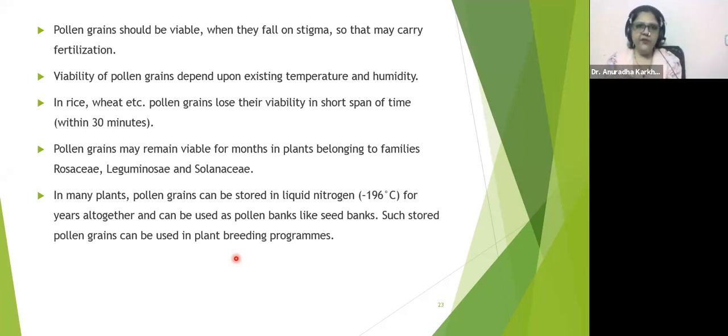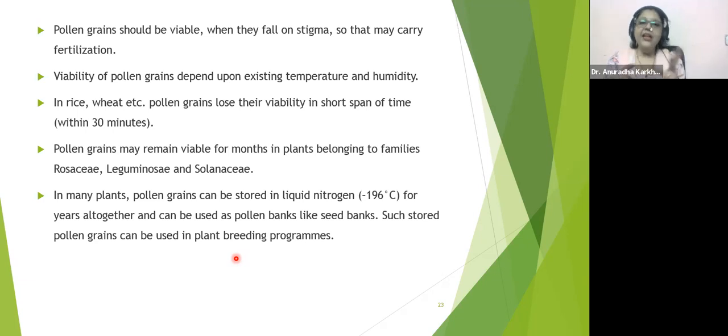Pollen grains may remain viable for months in plants belonging to families like Rosaceae, Leguminosae, and Solanaceae. So in the Living World chapter, we know A, C, E, A, E is the suffix for families, right? We have already learned this. So Rosaceae, of course, as the name says, the rose family.